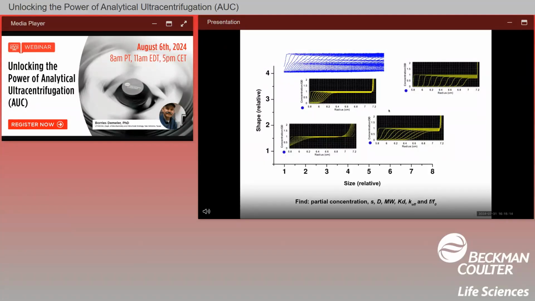In contrast to that, we could have molecules that are very extended with a very small diffusion coefficient, and also fast sedimentation because they have a high molar mass. And so the size would be big, but the diffusion would be slow. And that would be found in this regime in the upper right part of the plot, where the friction is high and the frictional ratio is high, and the molar mass is large and the size is large.